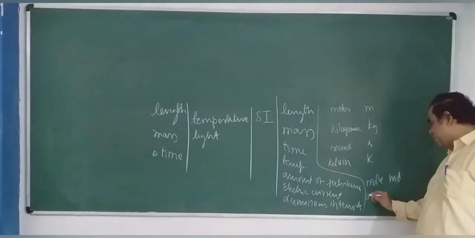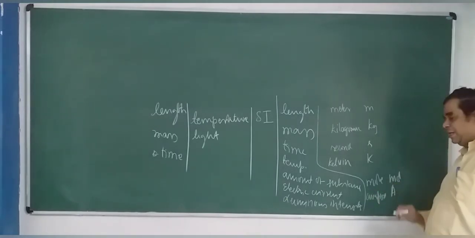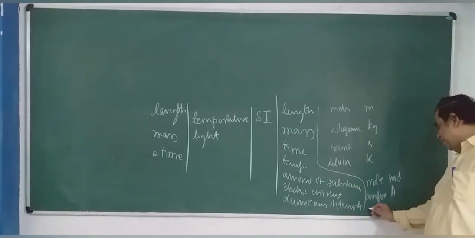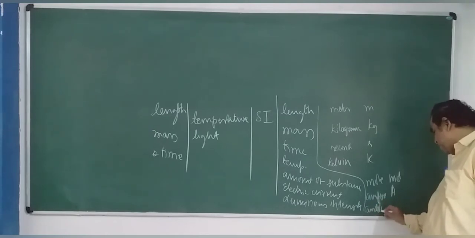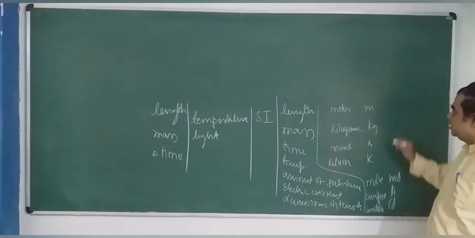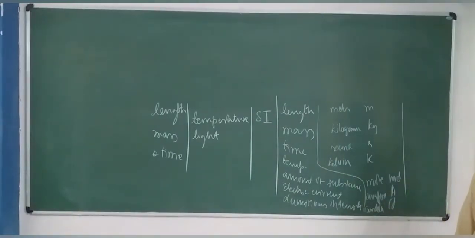Electric current is ampere and its symbol is capital A. Luminous intensity is candela, its symbol is cd. So these are the 7 fundamental units we use in today's world, throughout the world, and we can measure anything in this world using only these 7 by making their derived units.